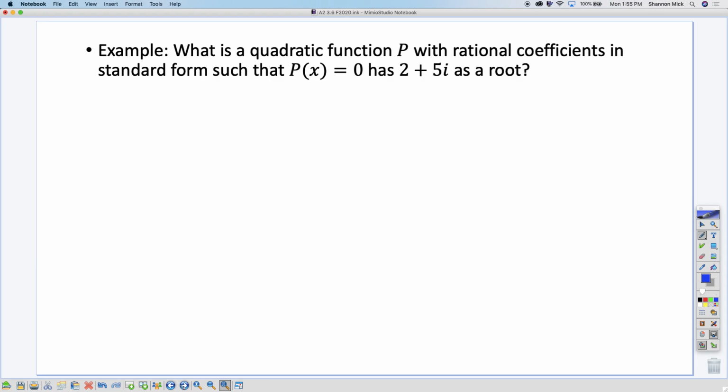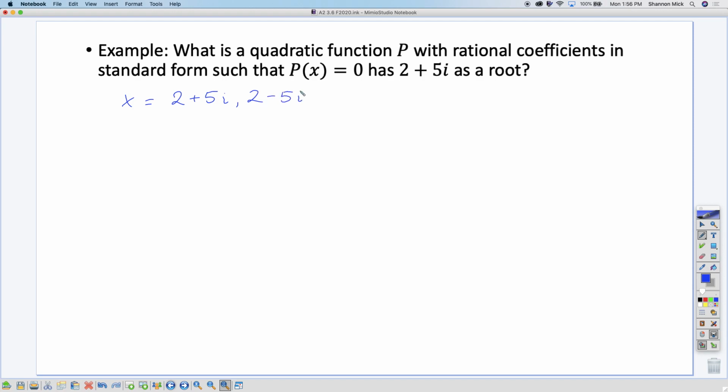So if it has 2 plus 5i as a root, what do we also know? 2 minus 5i. Now it says quadratic, so what degree is this? Second. So if I have 2 factors, am I going to have a second degree? Yeah. Okay. So I know that x equals 2 plus 5i and 2 minus 5i.